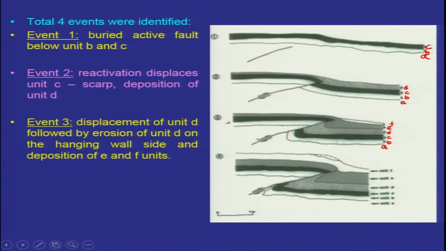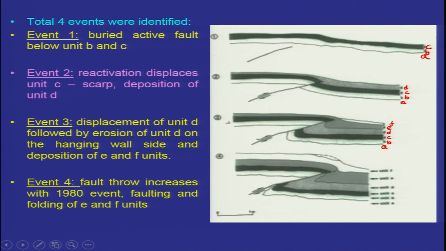But the second event was after unit D. So, event 3: displacement of unit D followed by erosion of D on the hanging wall side and deposition of units E and F. In this phase of deposition you will see deposition of units E and F.